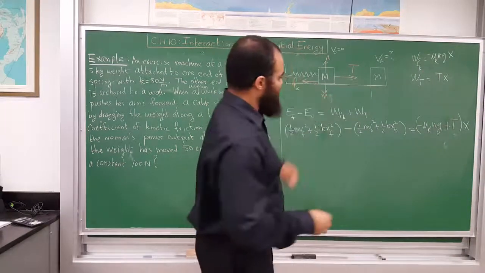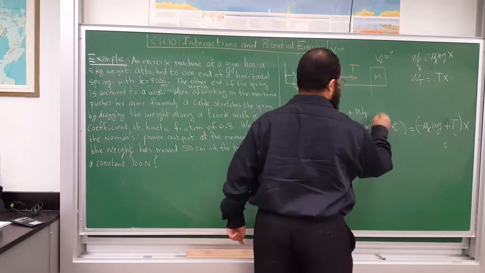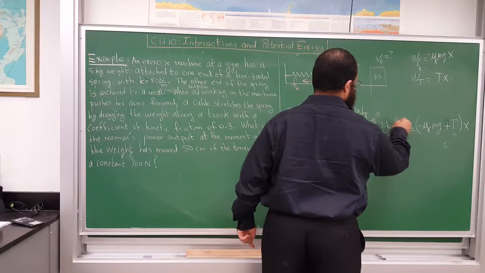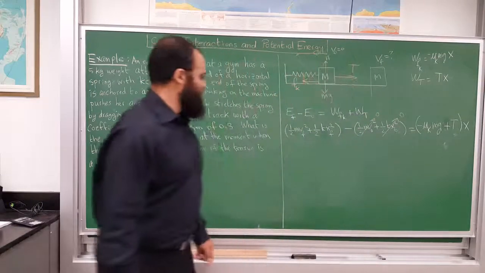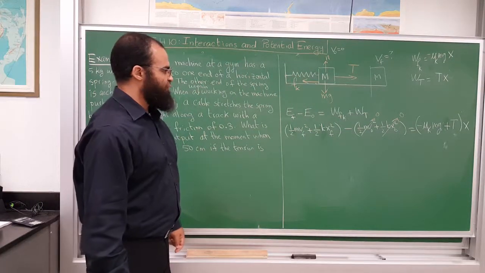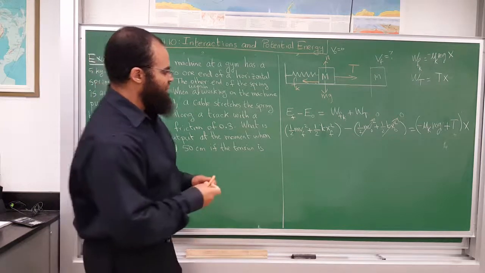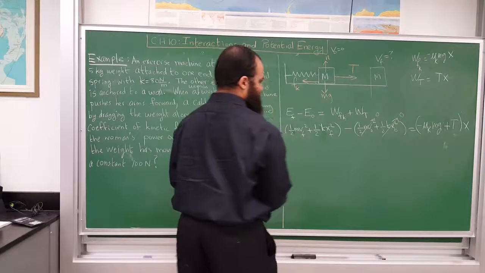The mass is not moving at the beginning, so that's 0. The spring is not stretched nor compressed at the beginning, so that's 0. Okay. So now, we need to find the speed.